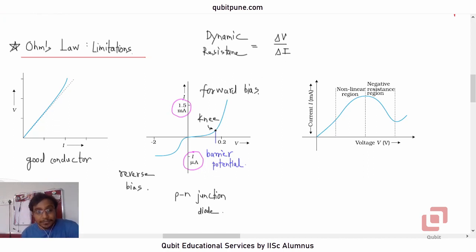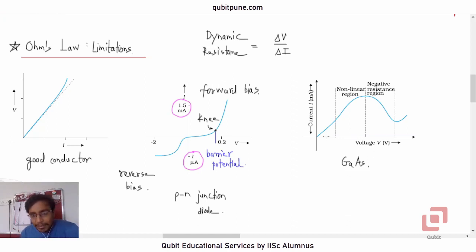Now, if you take a compound semiconductor like gallium arsenide, its voltage against current behavior is different.